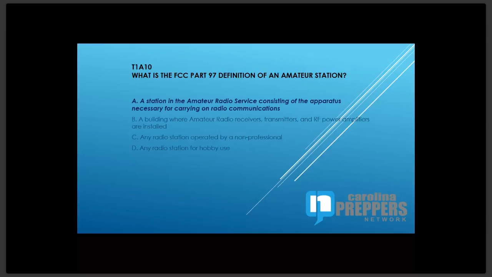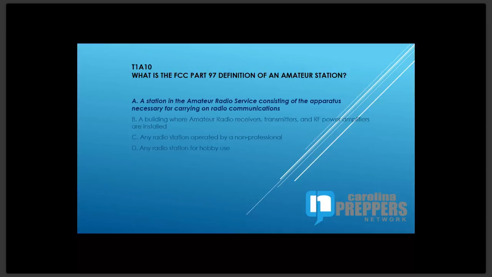You're taking a test right now, you're studying for the test, you're non-professional, so that could possibly be the answer. A building where amateur radio receivers, transmitters, and RF power amplifiers are installed. How about your handheld and your Baofeng? As you're going down the road and go into Food Lion with your Baofeng, does the Food Lion become an amateur station now?